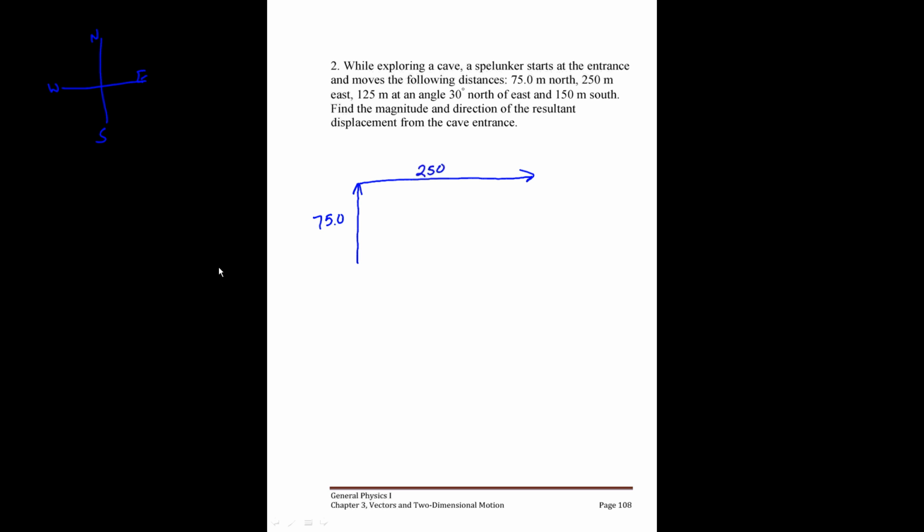Now, when I talk about north of east, that means this angle. I have an angle north of east. So you start at east and you go north of east. All right, so 125 meters, 30 degrees north of east. This angle is 30 degrees, 125 meters, and then 150 meters south.